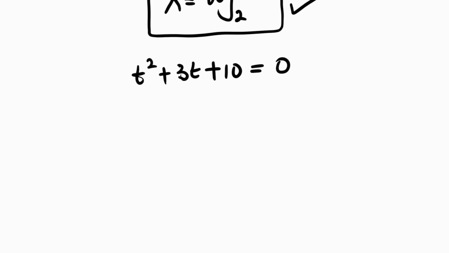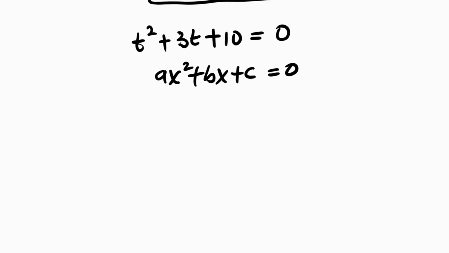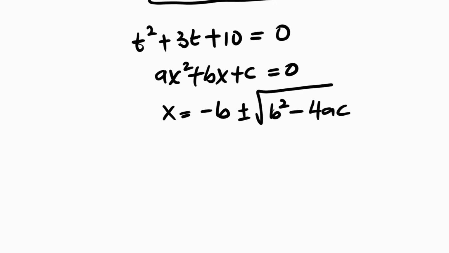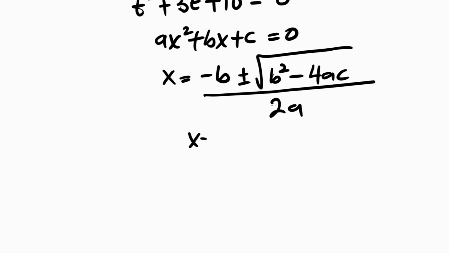We know that for ax squared plus bx plus c equal to 0, x is equal to minus b plus or minus square root of b squared minus 4ac, divided by 2a. So in this situation, our x is equal to t, right?